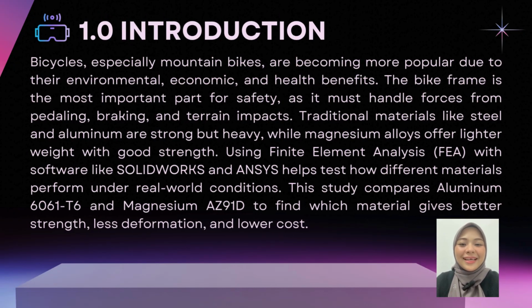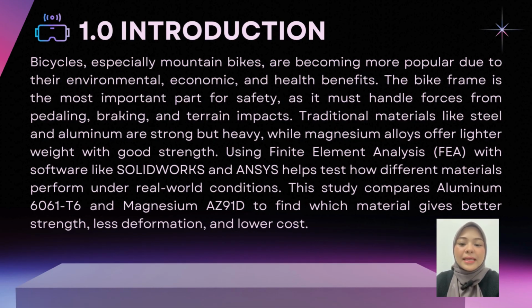I'll be presenting a study on mountain bike frames, specifically comparing two materials, which is aluminium 6061T6 and magnesium AZ91D. Mountain bikes are getting more popular because they are good for the environment, health, and they are cost-friendly.